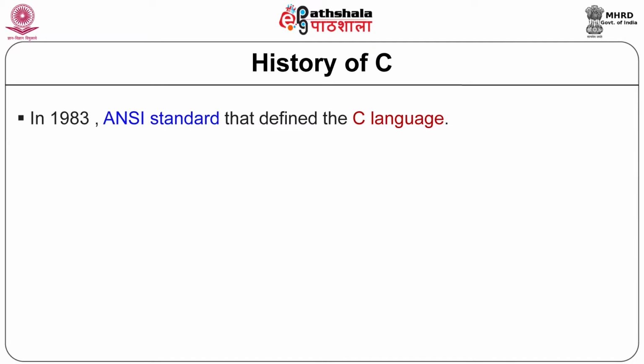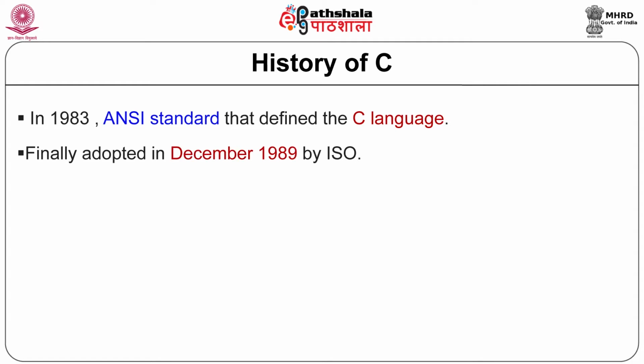In 1983, a committee was established to create an ANSI standard that would define the C language. The ANSI C standard was finally adopted in December 1989. It was also adopted by the International Organization for Standardization, that is ISO.